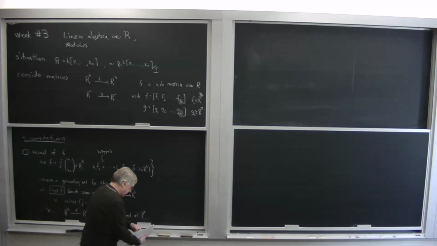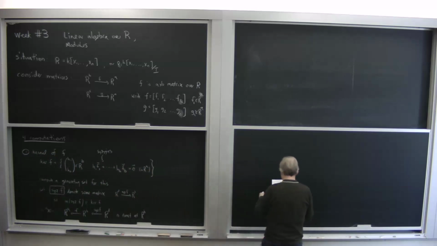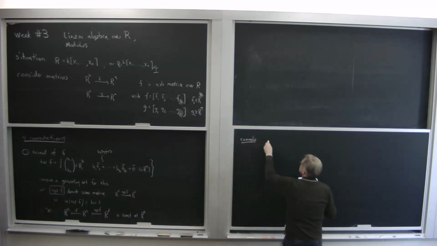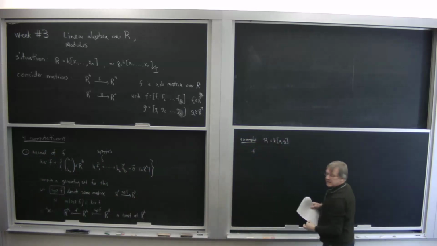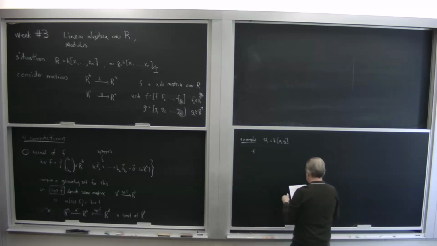So maybe I should do an example of this right off the bat. I don't have one written down, but we'll do it. Actually, yeah, let's do a very simple example. Let's take R to be K adjoin X, Y. And let F, this one doesn't involve G yet, it's just the specific matrix F. And F, let's say, is the matrix X squared and XY.